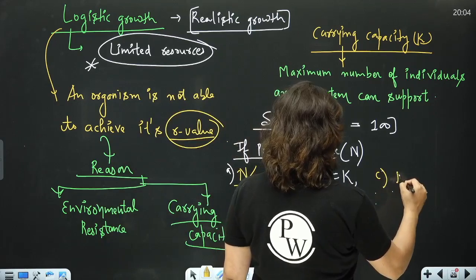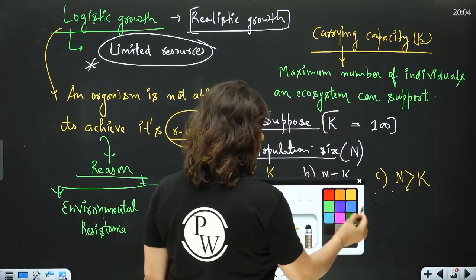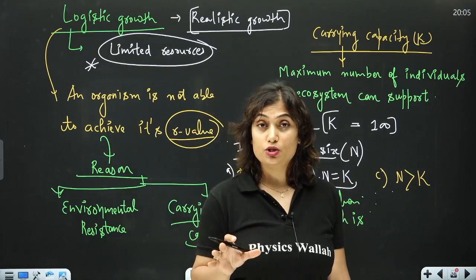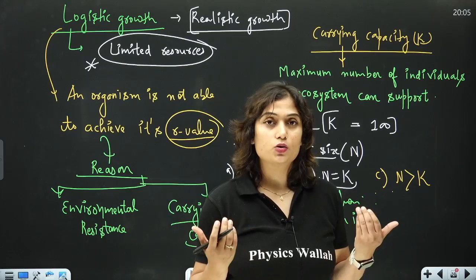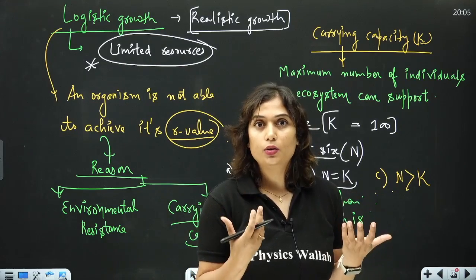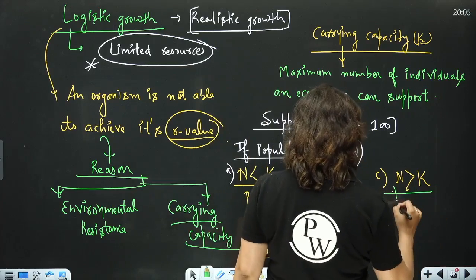But if N is greater than K, that means an ecosystem can support only 100 individuals, but now there are 120 individuals in the ecosystem. Then the ecosystem will say, oh my God, how will I do now? I don't have enough resources now. So what will happen? Population growth will be negative.